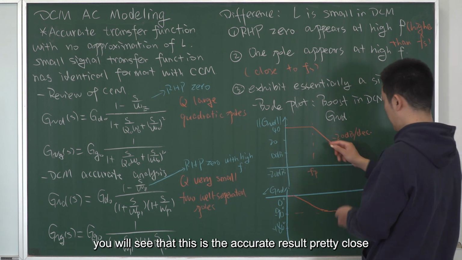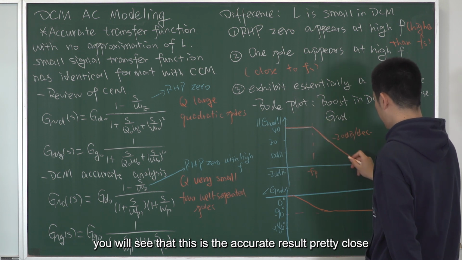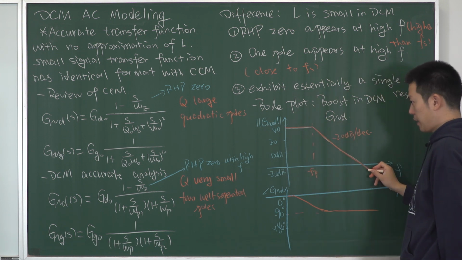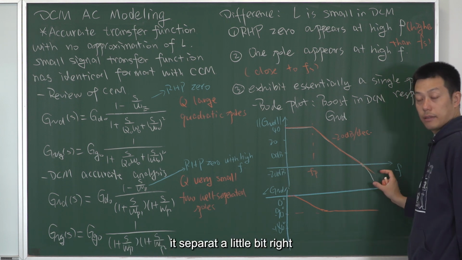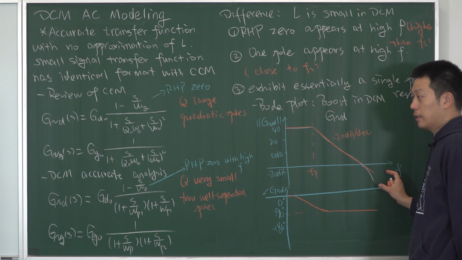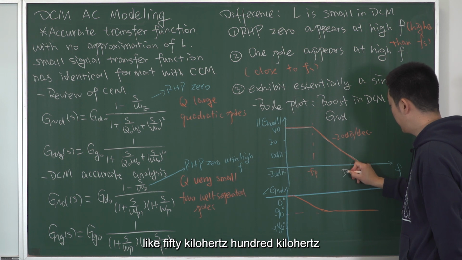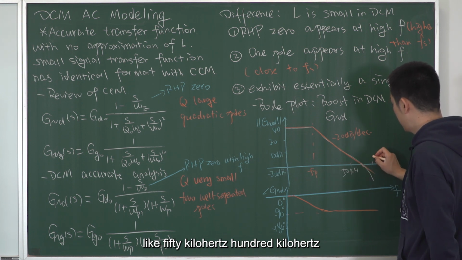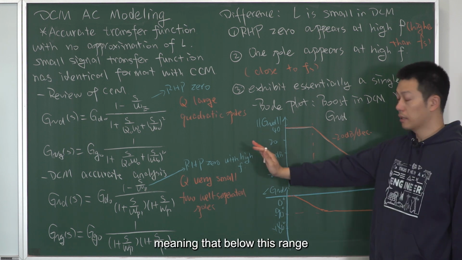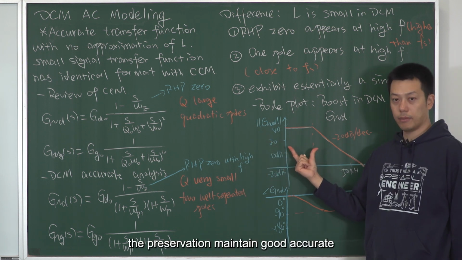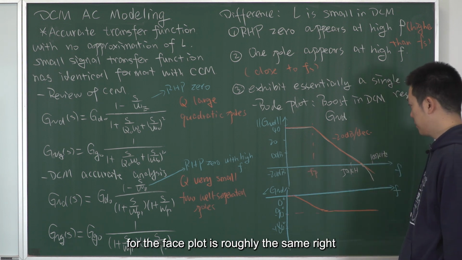You will see that this is the accurate result, right? Pretty close. The only difference is that at high frequency here, it separates a little bit. Usually the frequency here is pretty high, like 50 kilohertz, 100 kilohertz, meaning that below this range, the approximation maintains good accuracy. For the phase plot, it's roughly the same.